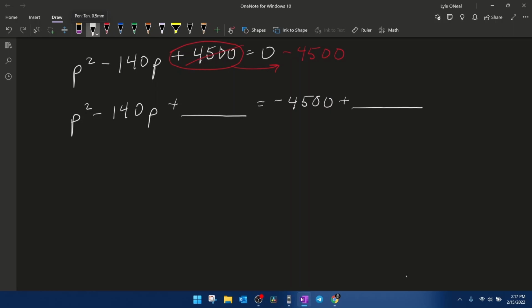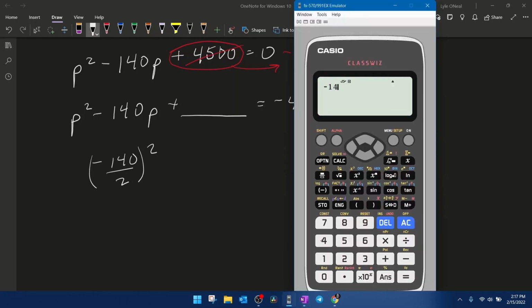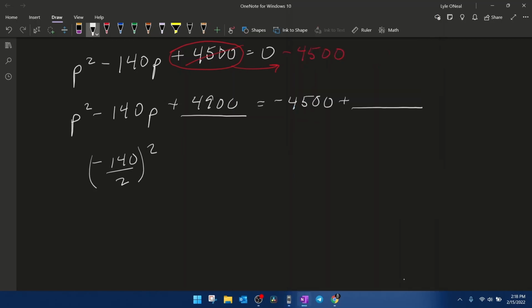Now, the way you determine that number to complete the square is you take the coefficient of p, cut it in half, and then square it. So negative 140 divided by 2 squared is 4,900. That is the number we need to add to both sides in order to complete the square.